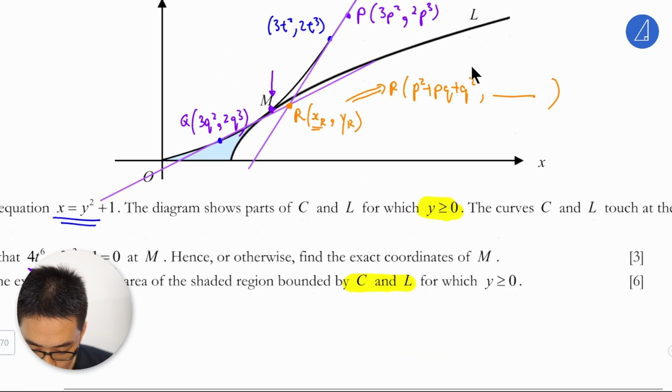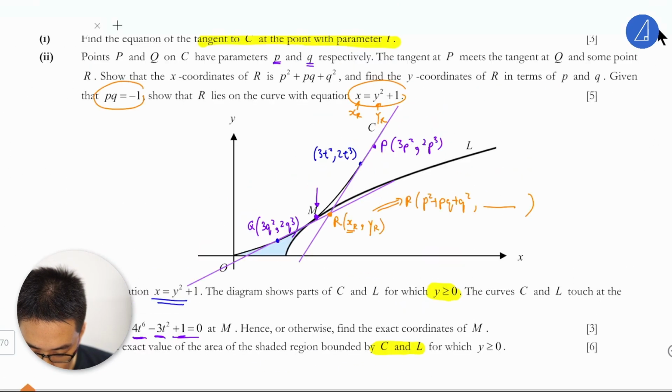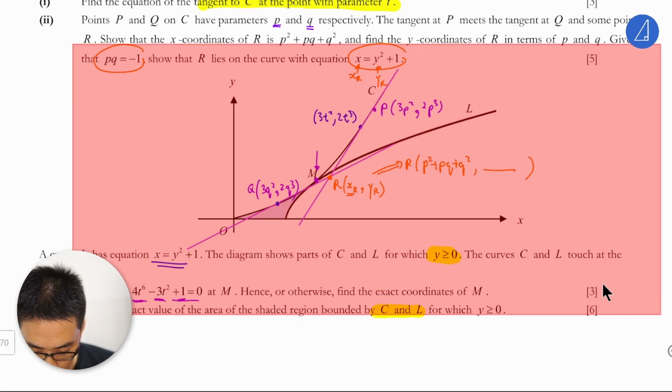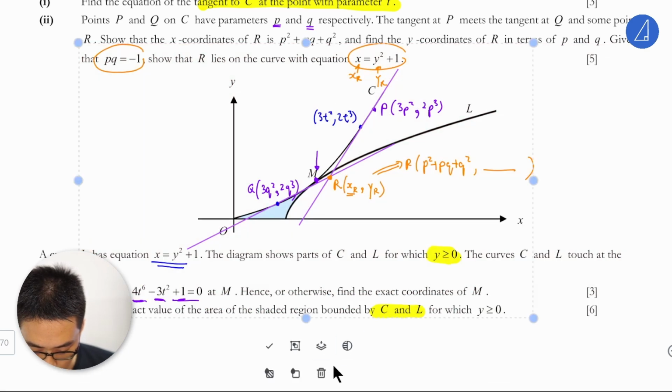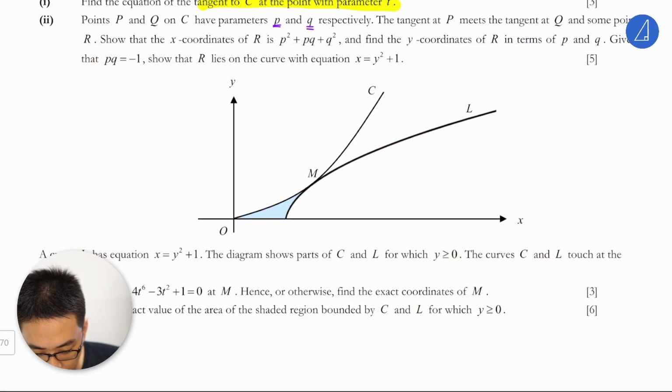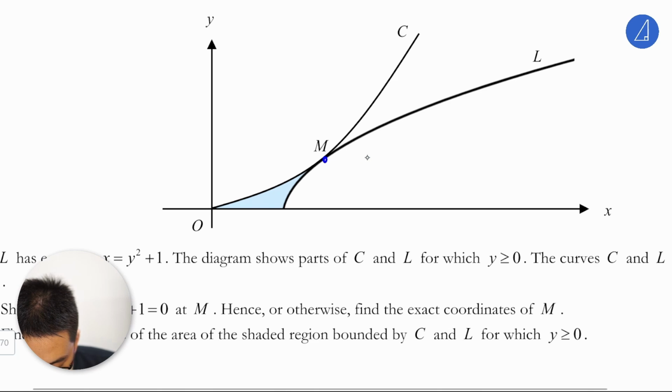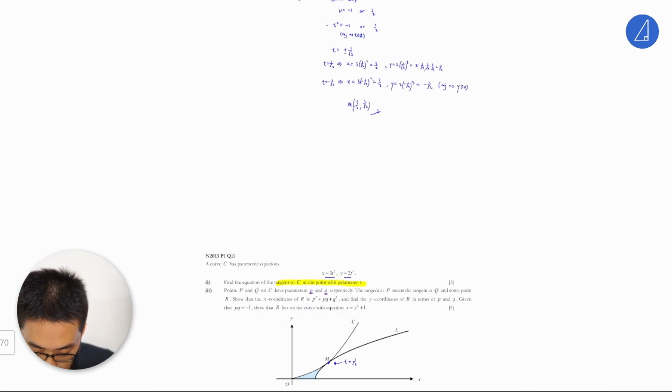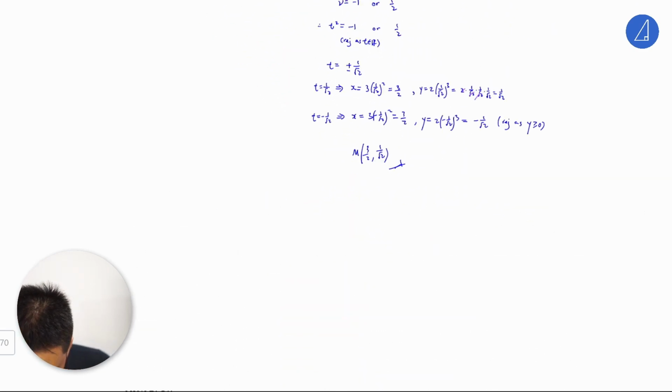From the previous part, I clear the graph out, it's easier. From the previous part, we know that this t here is equal to 1 over root 2. Okay, so that's it.